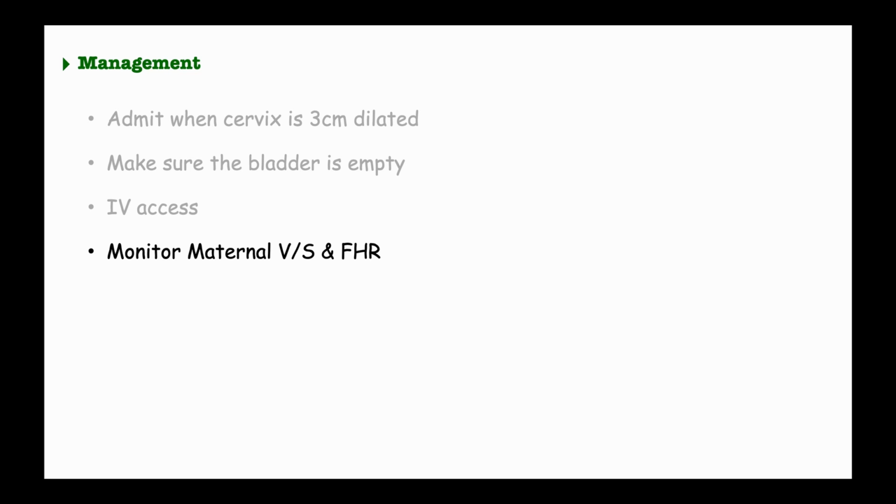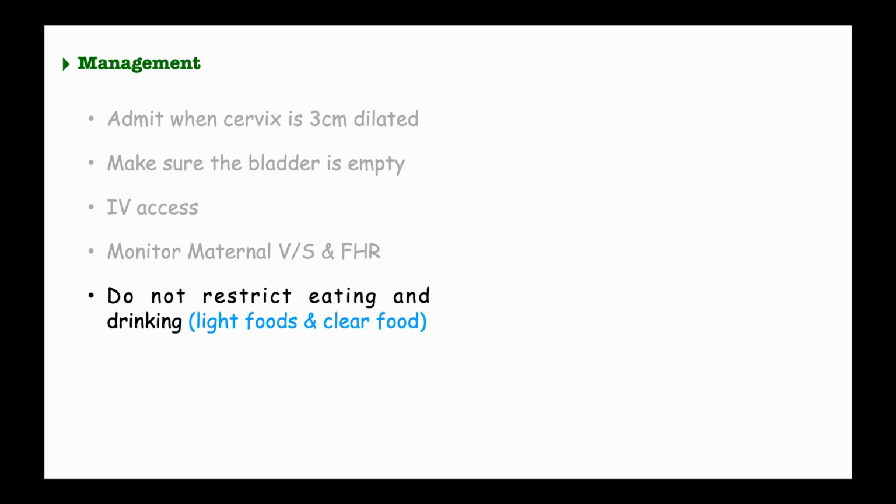If the fetal heart rate also increases so high, then it means there's a problem. And so it is very, very important that we assess the fetal heart rate to know the state and condition of the fetus. Then we must also make sure that we do not restrict the woman from eating. However, we must encourage the woman to take a light diet and also clear food or clear fluids.